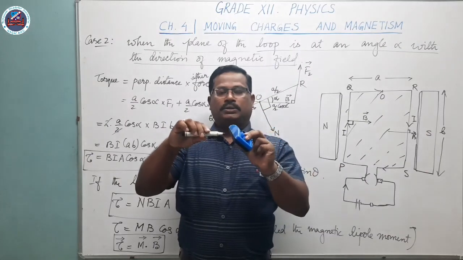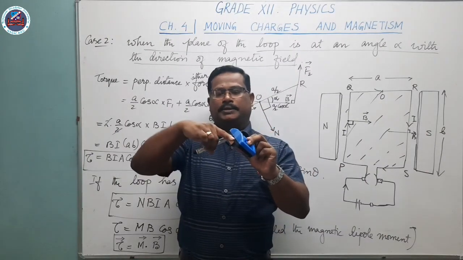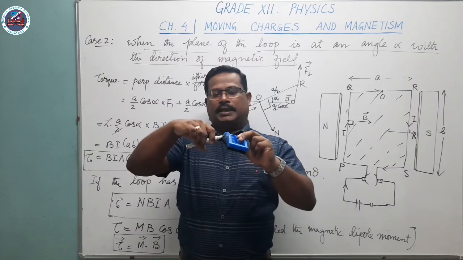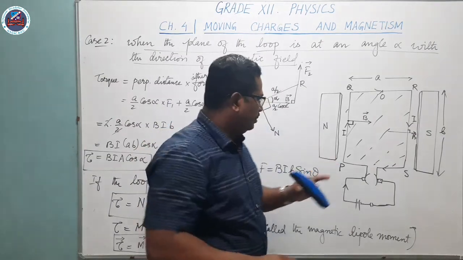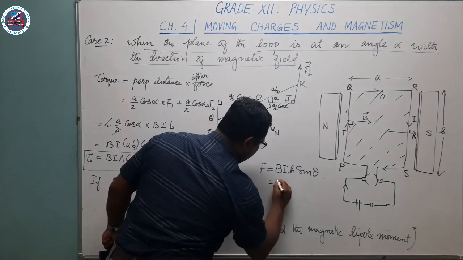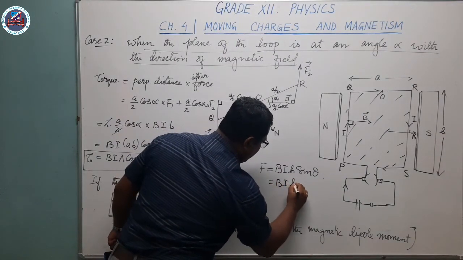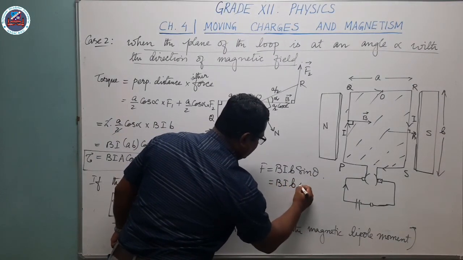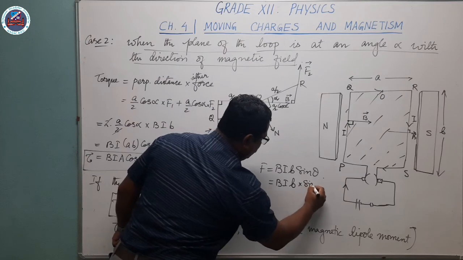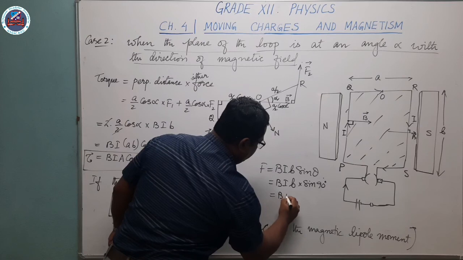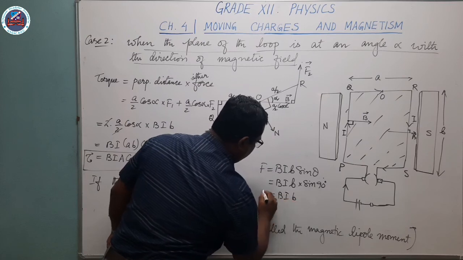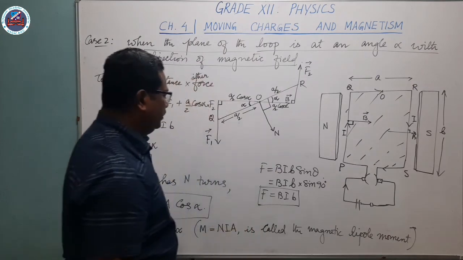The arm goes like this, and it will still remain 90 degrees. That's why in the expression of force, BIB sin theta, theta is 90 degrees, so sin theta is equal to 1. So it is BIB in both cases.